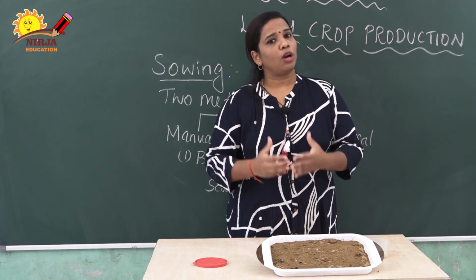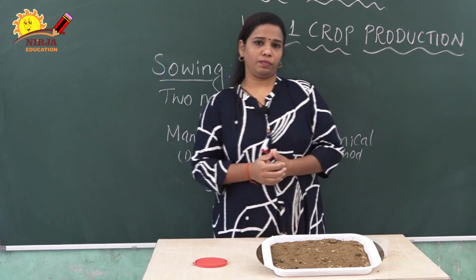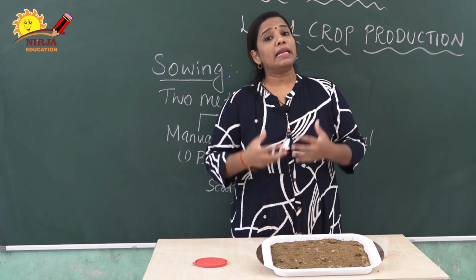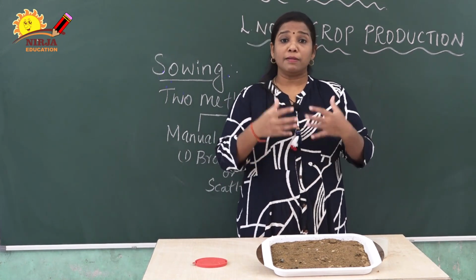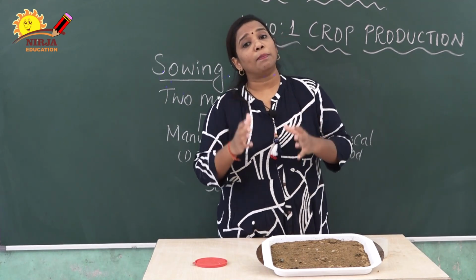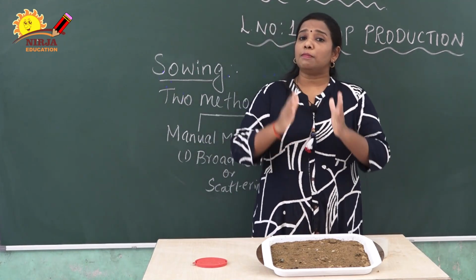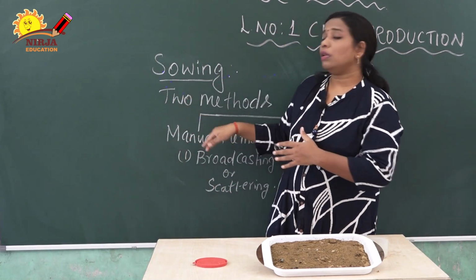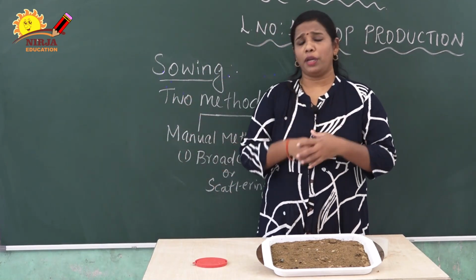That process is called manual sowing. Clear? Without any machinery, the farmer himself adds the seed on the prepared land. That method is called the manual method of sowing.